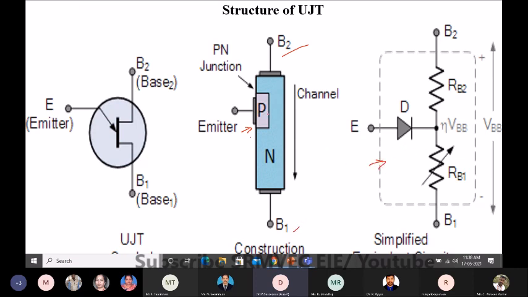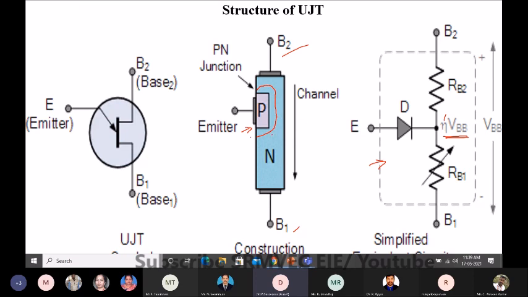A diode, because a P and N type is there, so there will be a depletion region. And this is usually provided by beta VDD, where beta is what we call the intrinsic standoff ratio. This is with respect to RB1.